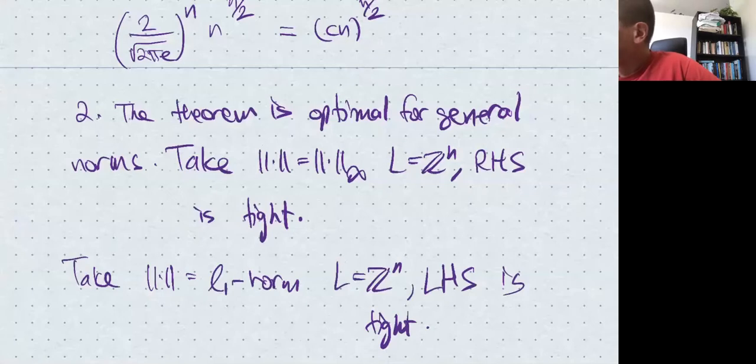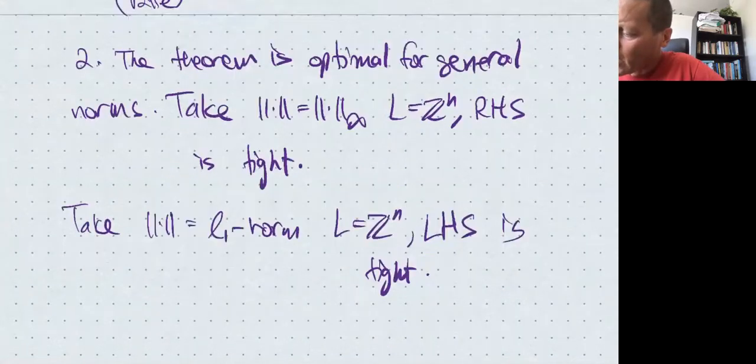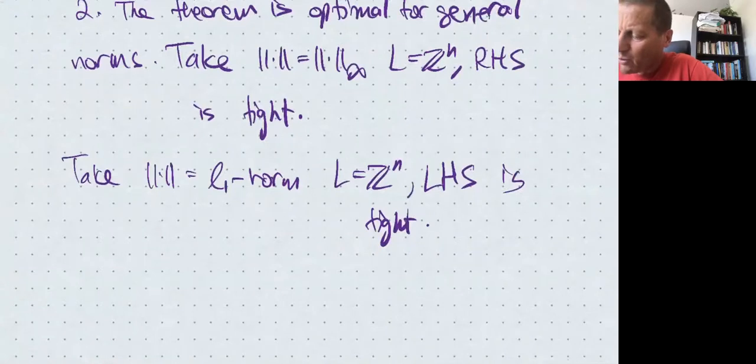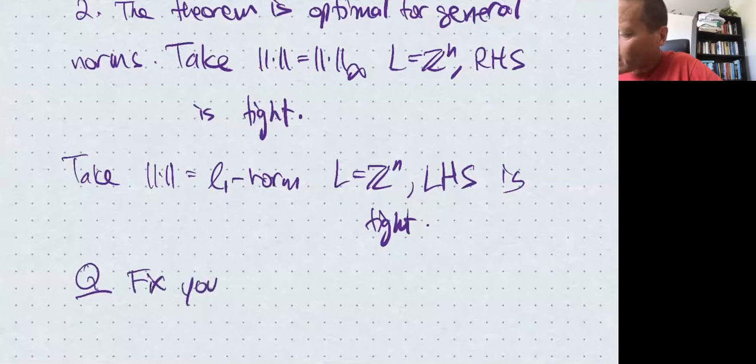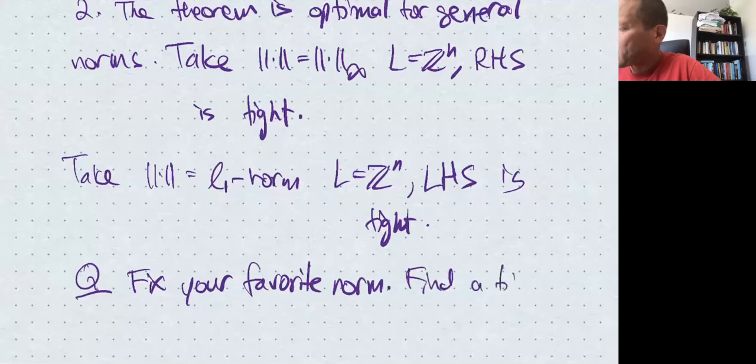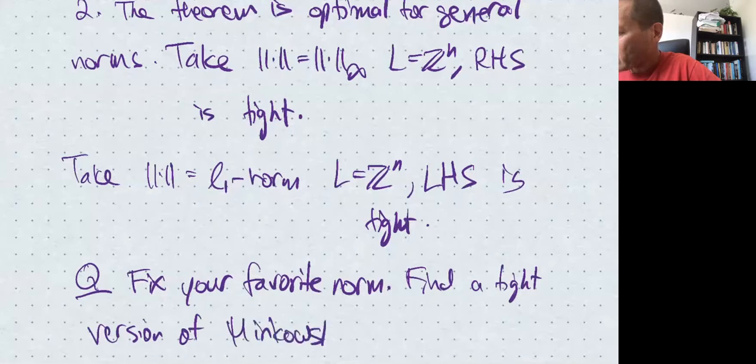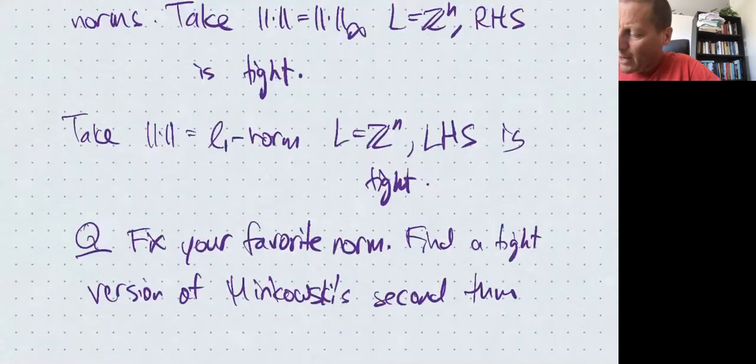And well, there's a conjecture. So I guess let me not talk about this today. I'll talk about it next week. But there's an important question. Fix your favorite norm, and find a tight version of Minkowski's second theorem for that norm.